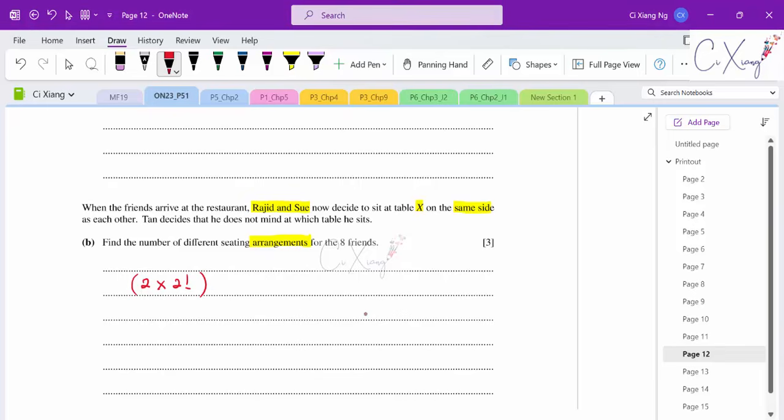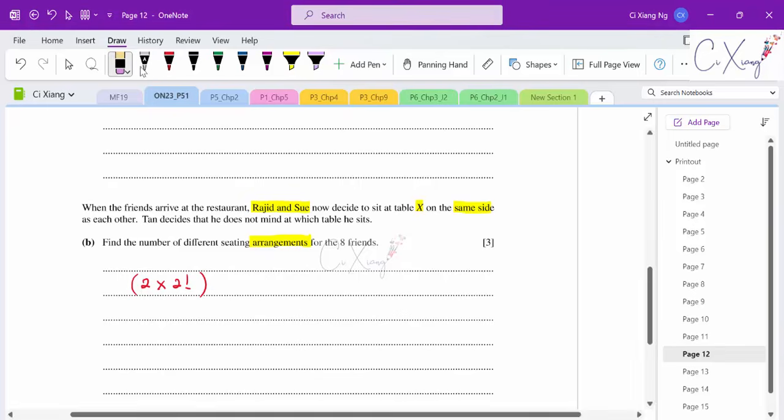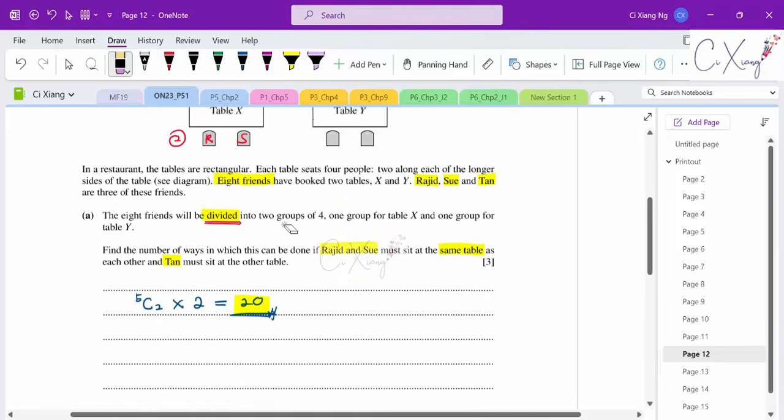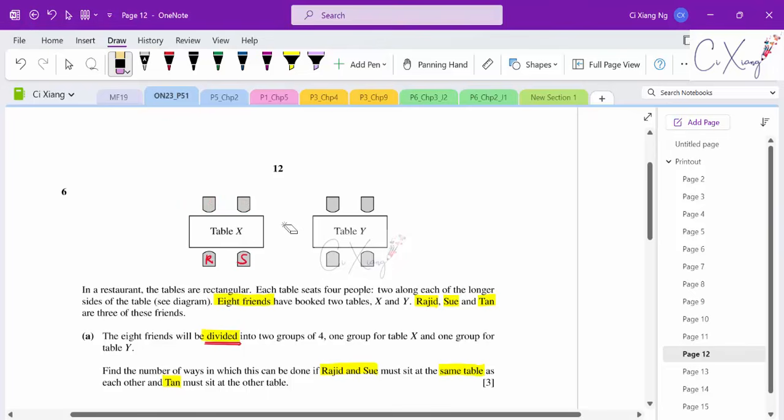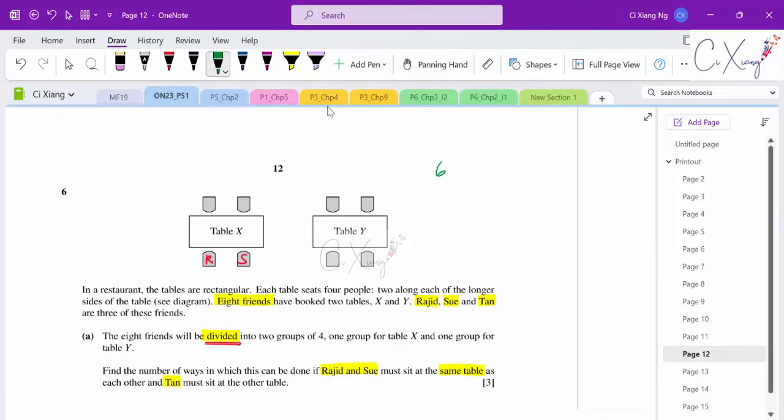Alright, so after you place them at the table already, let's say they are sitting at this side, for the remaining 6 people here, you can arrange them freely. You have 6 seats, and you want to arrange 6 people inside, so it should be 6P6, or you can write it as 6 factorial.